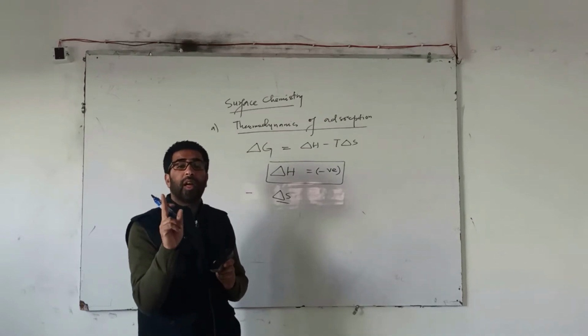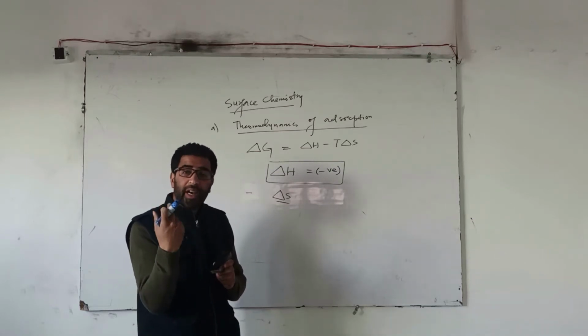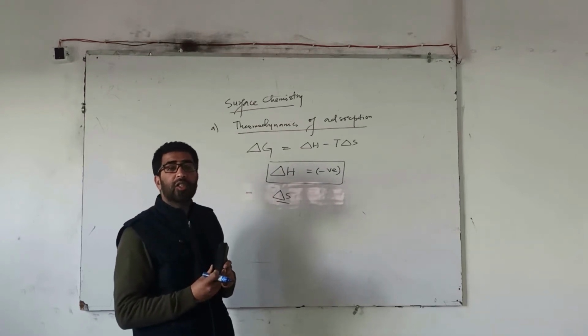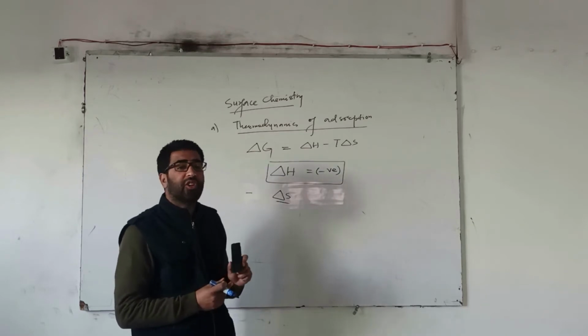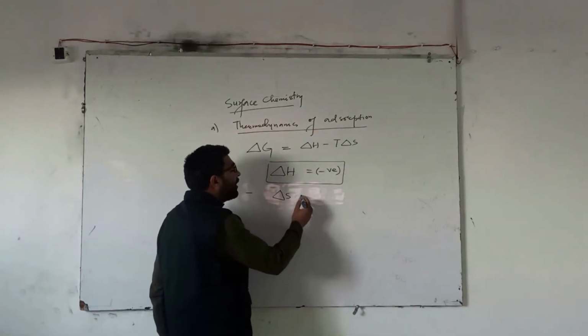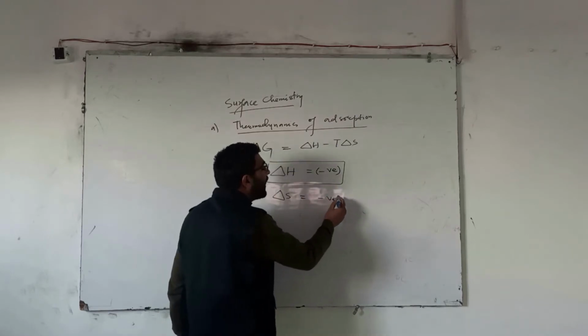Remember, because of the intermolecular force between the adsorbate and the adsorbent, there is decrease in entropy because of decrease in the number of complexions. So remember, for adsorption you can write delta S comes out to be negative.